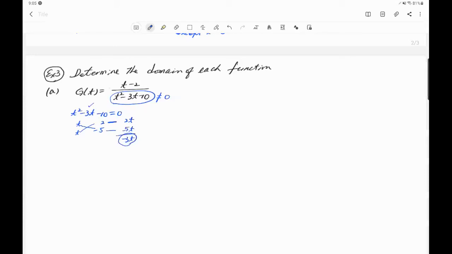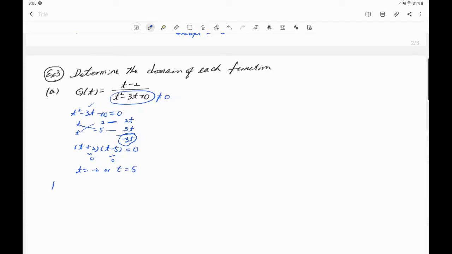So this trinomial is the product of t plus 2 and t minus 5, which equals 0. Setting each factor equal to 0, t is negative 2 or t equals 5. So t can be any real number except these two, negative 2 and 5.